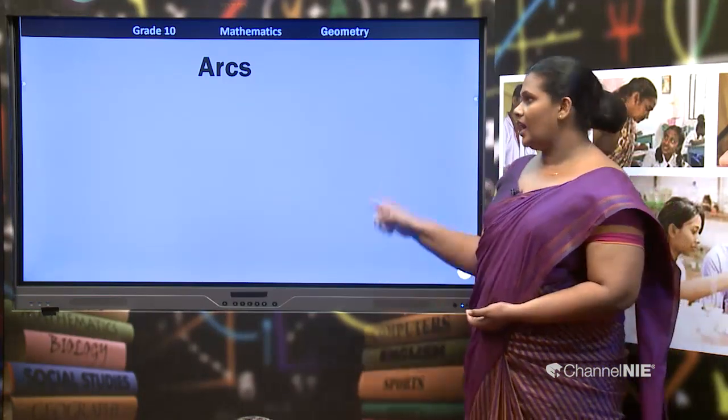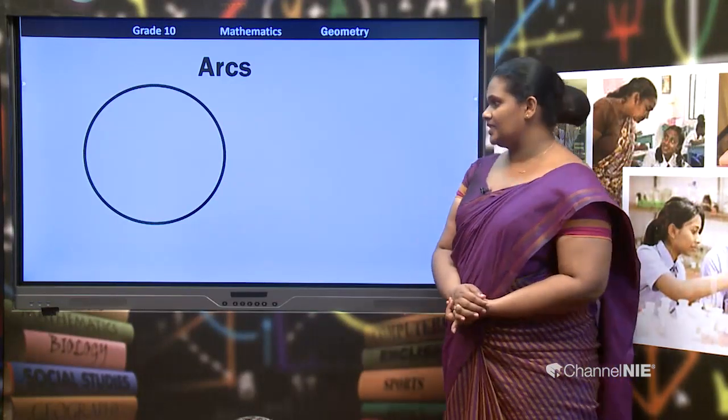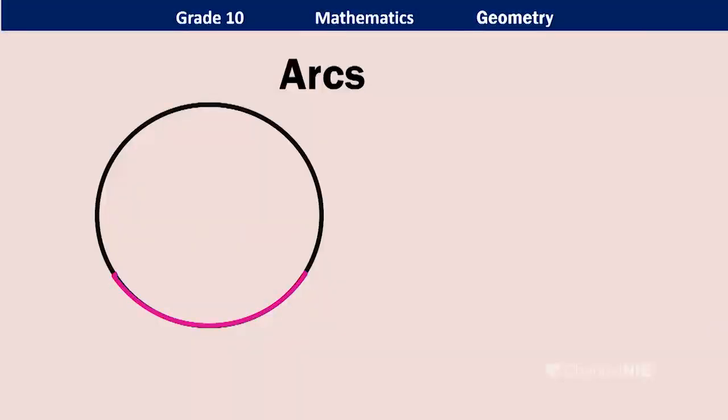Right. Here, I have got a circle. In this circle, I have colored a portion. That means a part of a circle. So, I am going to name that portion. The two endpoints of the portion are A and B. Right.